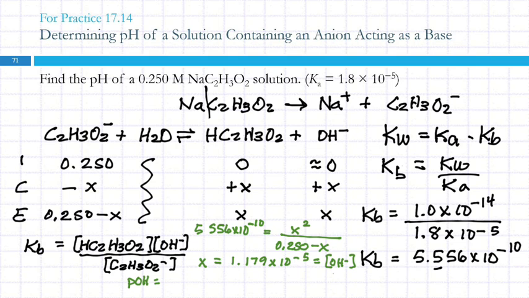So the pOH, negative log of that, so 4.9287. pH is 14 minus that.